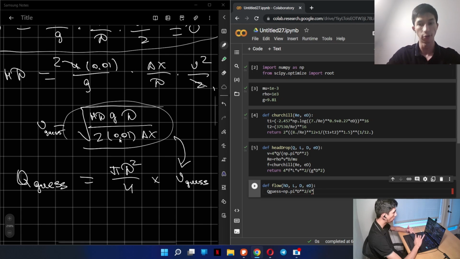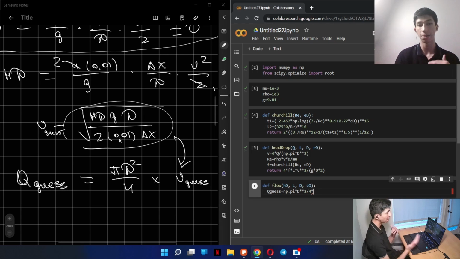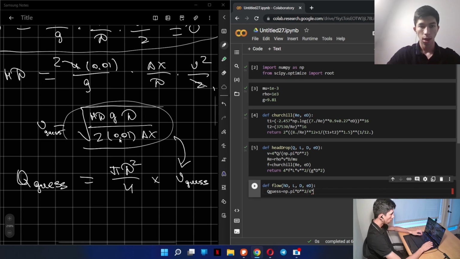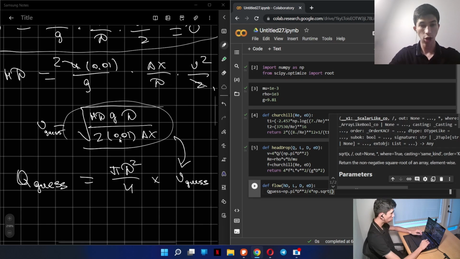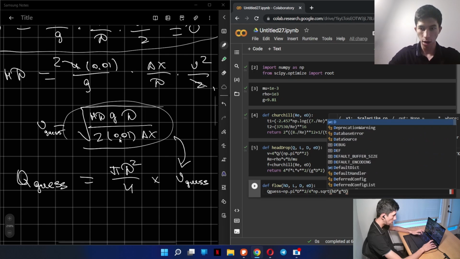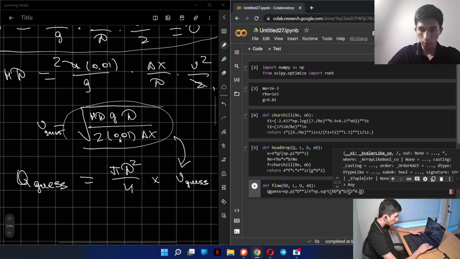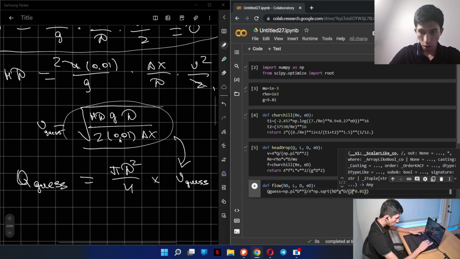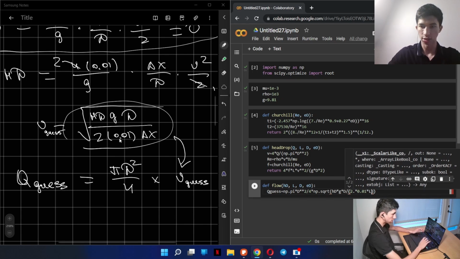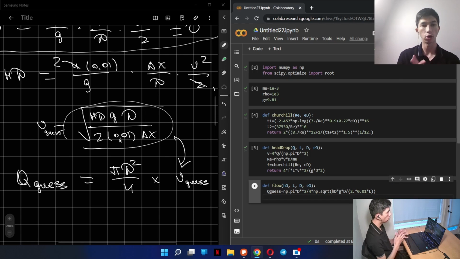We are saying that our friction factor is going to be equal to 0.01. So np.sqrt, the square root of, what are we given? Head drop times g times the diameter over 2 times 0.01 times the length, right? And that's going to be our Q guess.